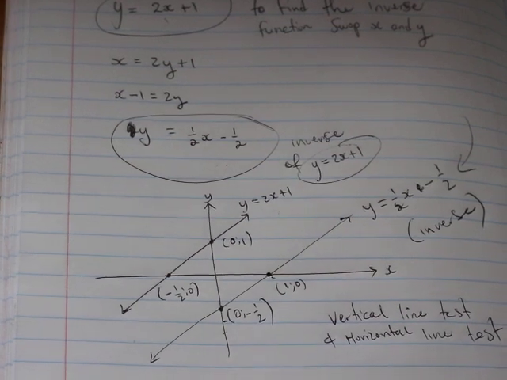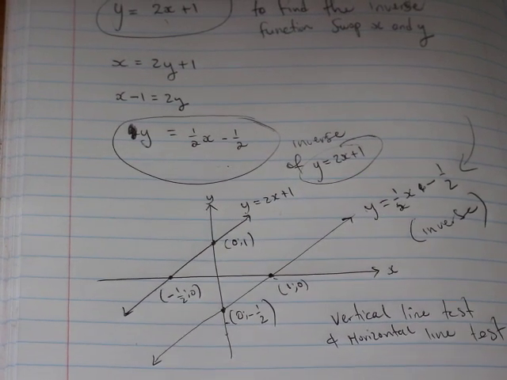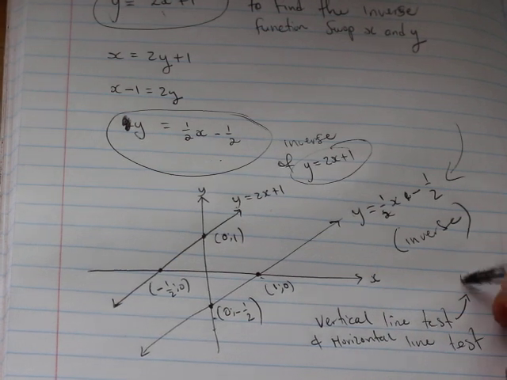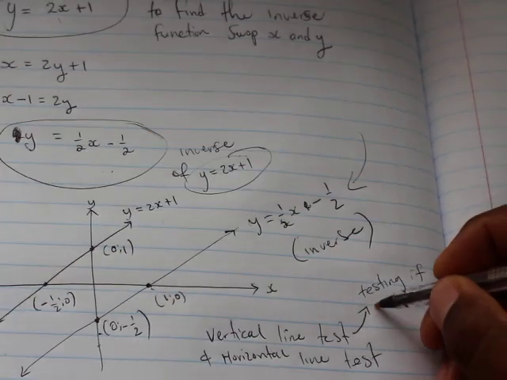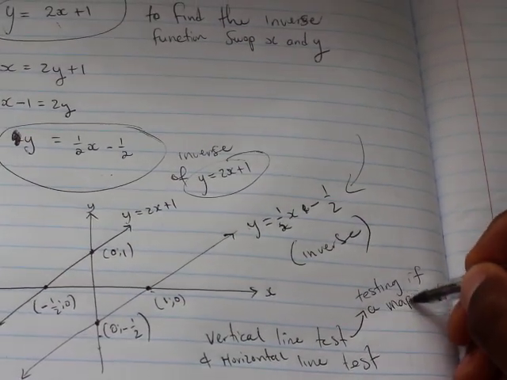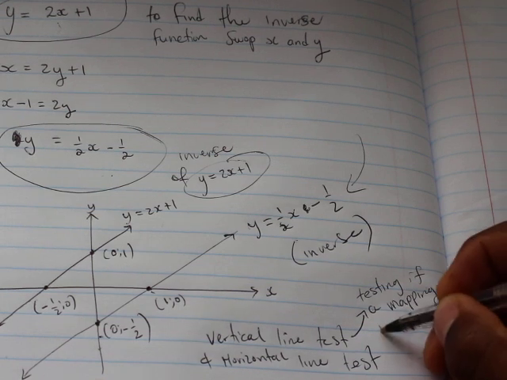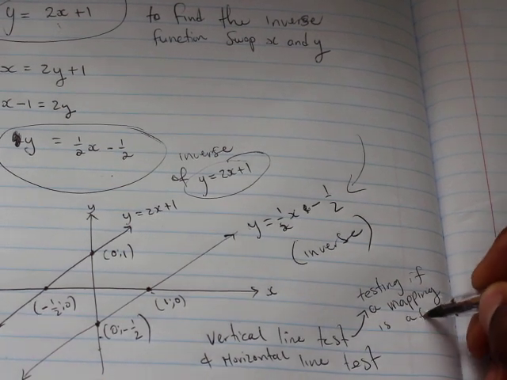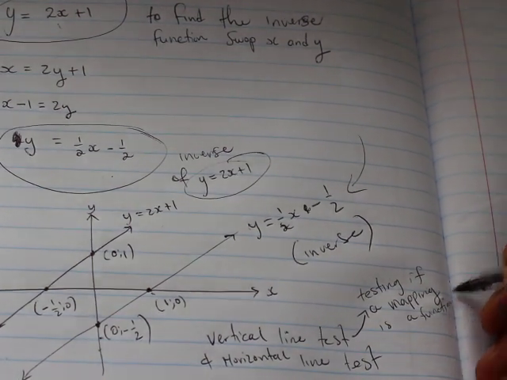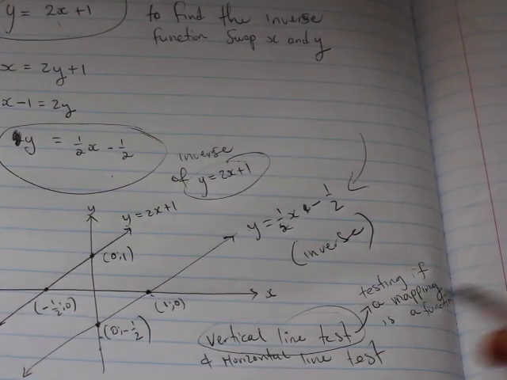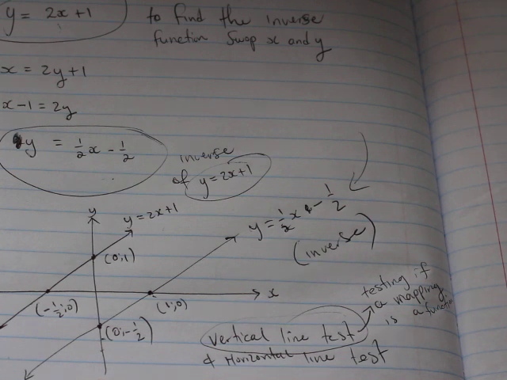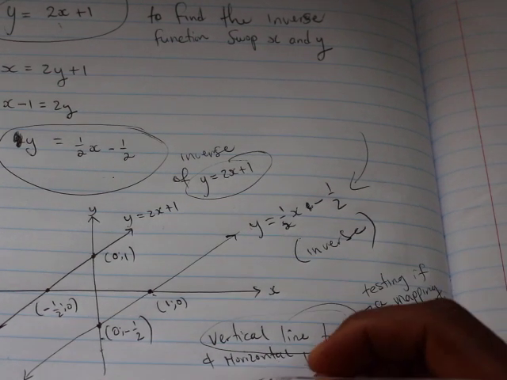Each one serves its own purpose. The vertical line test is for testing if a mapping is a function. So the question that we're asking right now, we can actually answer by using the vertical line test.